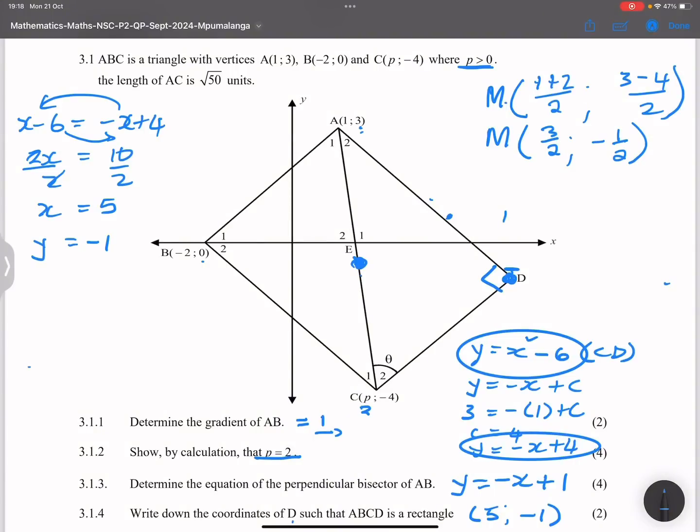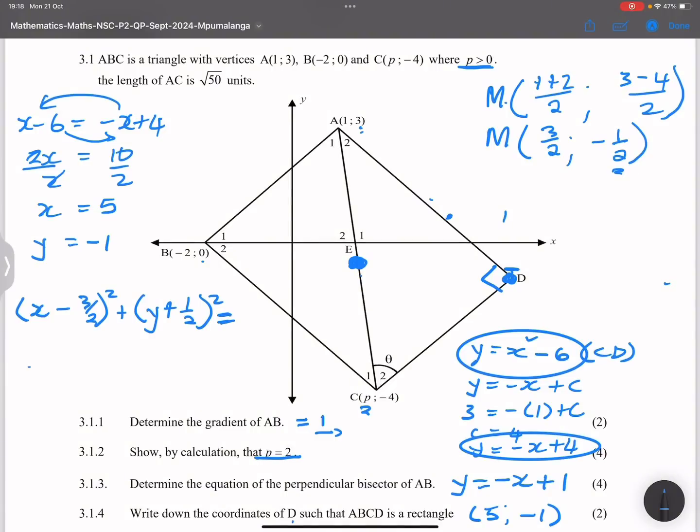All right, now I need to find out what the radius is. Actually, we do know the distance. The length of AC was actually square root of 50, right? So already I'm halfway there, because it means the equation of my circle would be x minus 3 over 2 squared plus y plus 1 over 2. Remember that it changes sign once it's in the bracket.